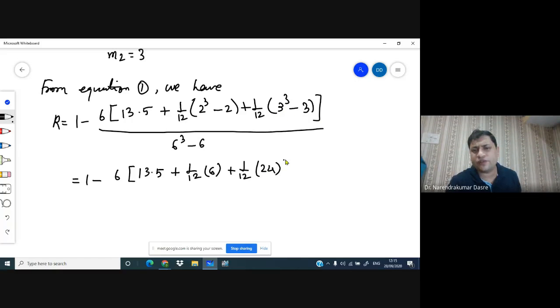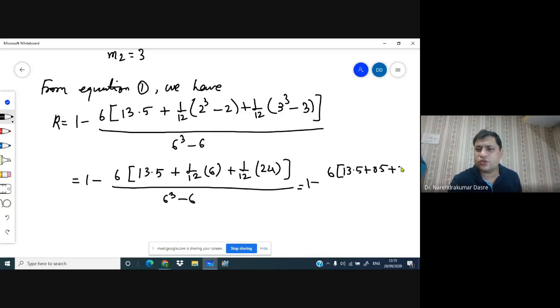So it will be 24. Okay, and here we have 6 cube minus 6. So we can write here 1 minus 6 times 13.5 plus 0.5, and this is going to be plus 2, upon 6 cube minus 6.